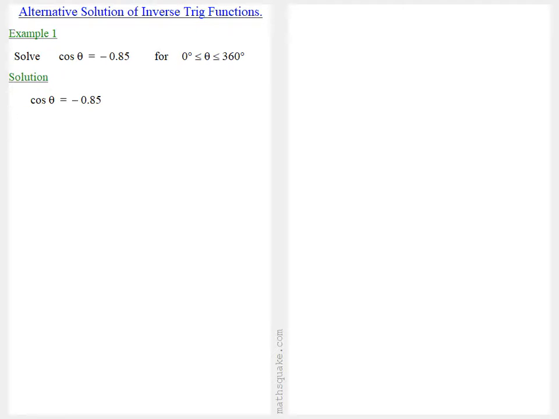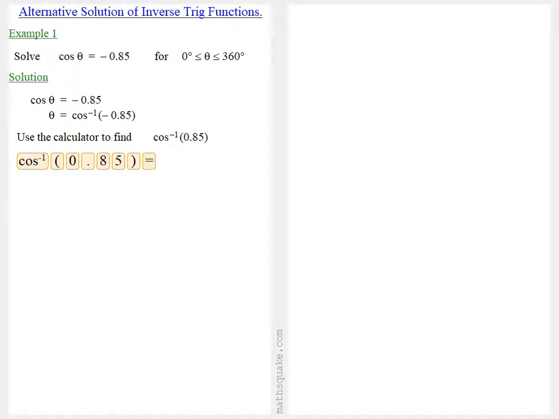The cosine of theta is equal to minus 0.85, so theta is the inverse cosine of minus 0.85. However, we look up the inverse cosine of plus 0.85. We take the inverse cosine of the positive value. And on the calculator, this gives us 31.8 degrees when rounded off to 1 decimal place.